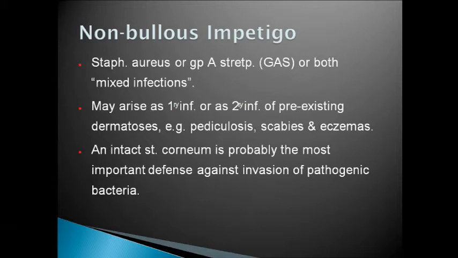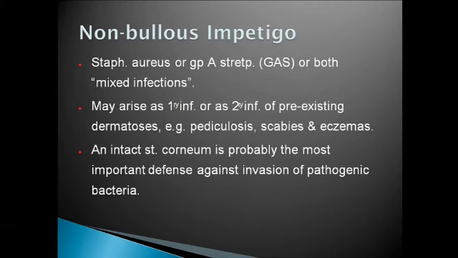Now you have to understand that it is not a fixed criterion that bullous will be caused only by staphylococcus and non-bullous only by streptococcus. But usually bullous impetigo is most commonly caused by staphylococcus infection, whereas in non-bullous impetigo, mixed infections are more common.